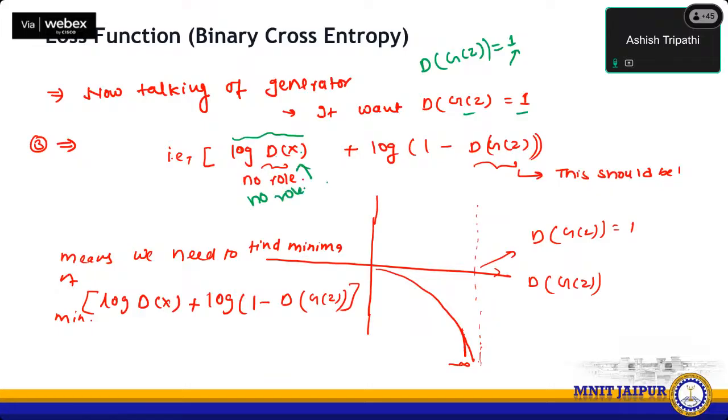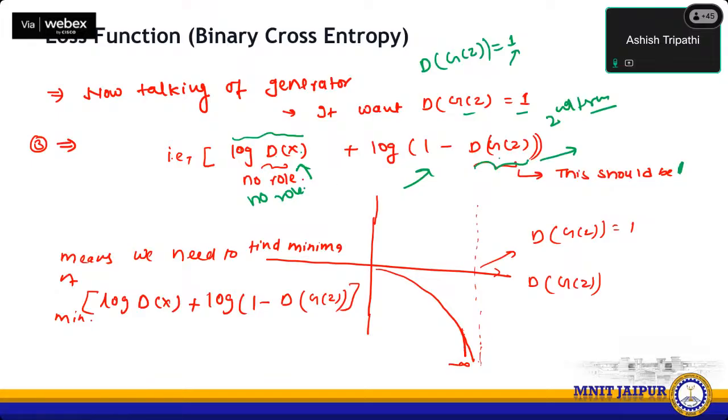Got it? I'm talking about the same equation. But in the second term, the discriminator has a role, and what is the role of the generator? The generator will try to make this 1.